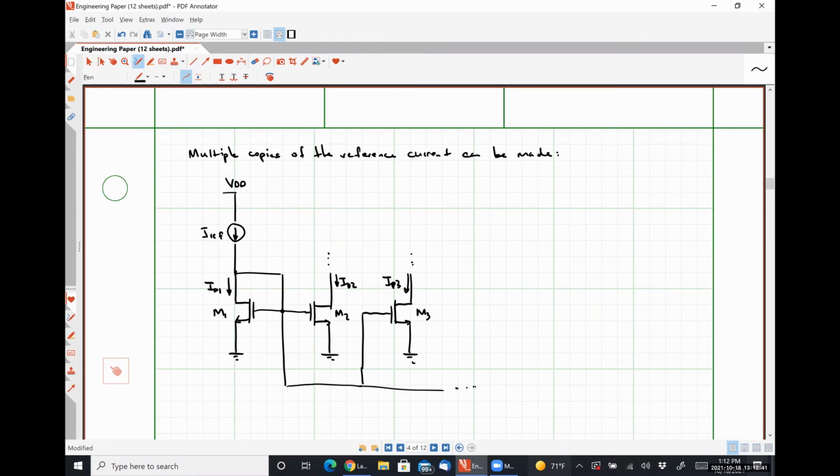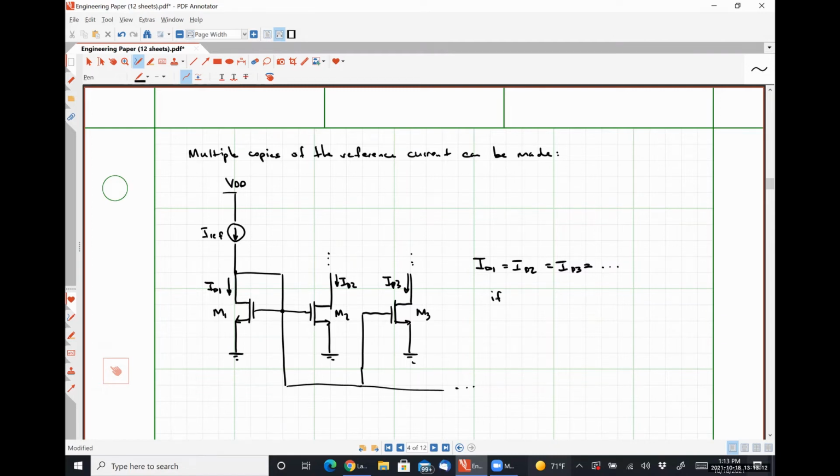Keep on making effectively an infinite number of copies as long as my power supply is able to supply enough power to make that happen, right? So it doesn't matter how many of these replicas I make, I can still copy this current over and over and over again.